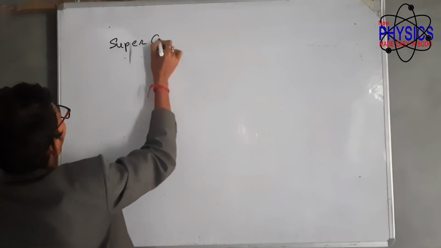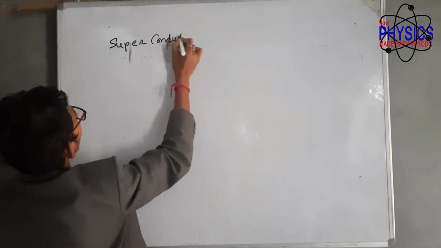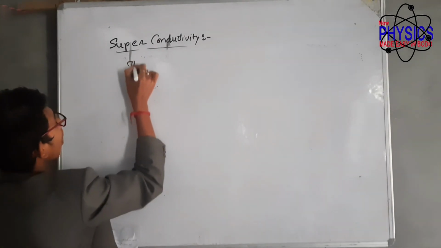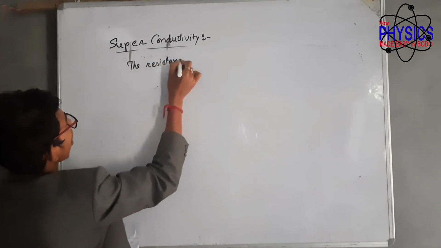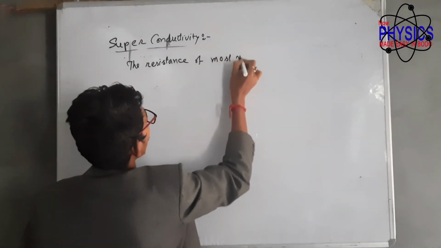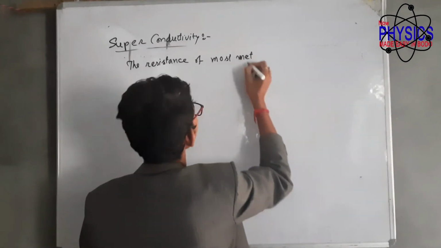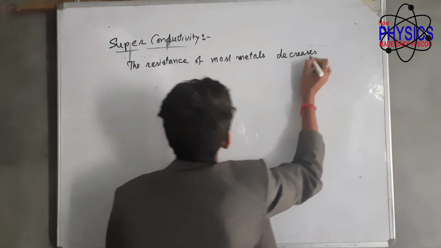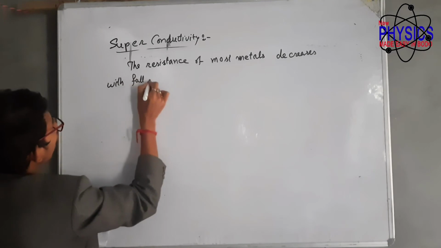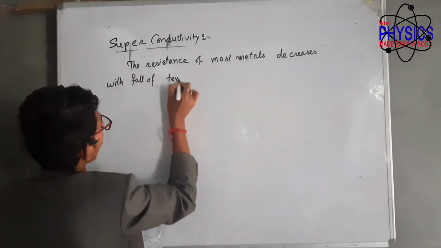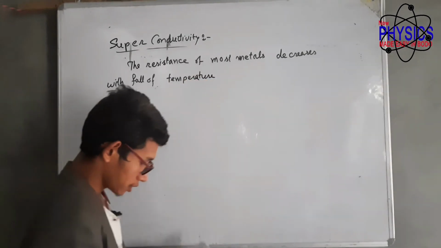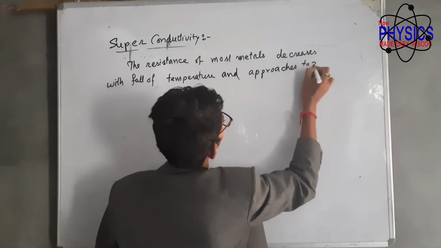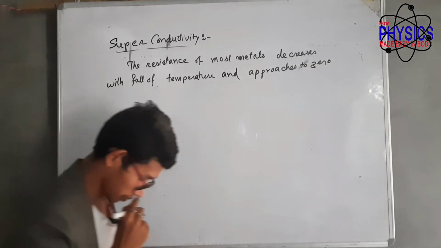Superconductivity: the resistance of most metals decreases with fall of temperature and approaches zero at about absolute zero.